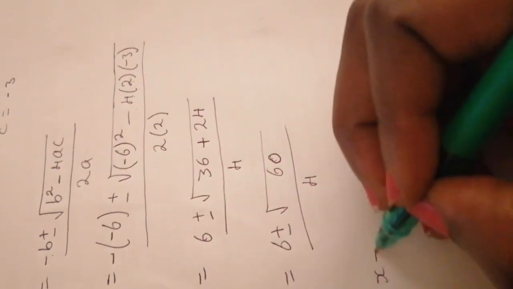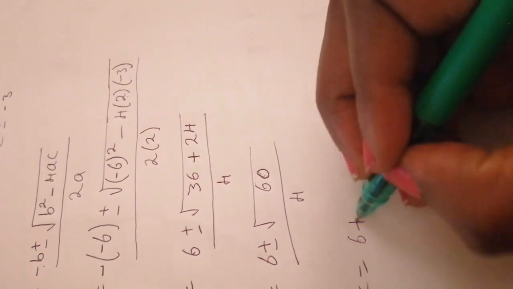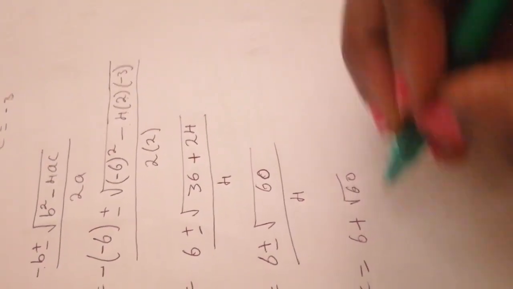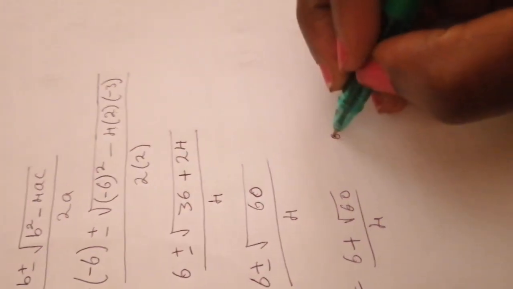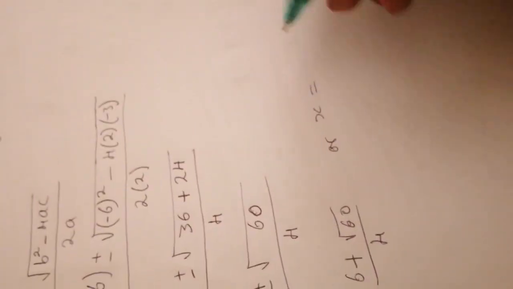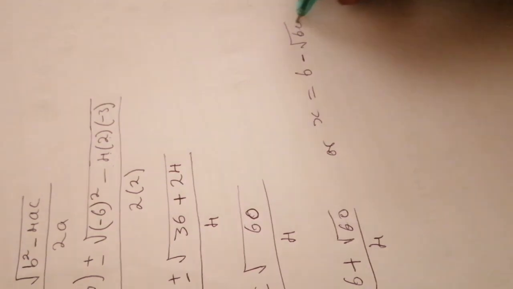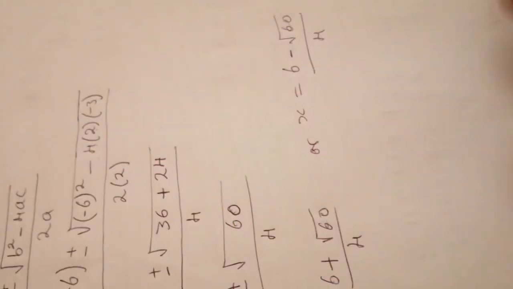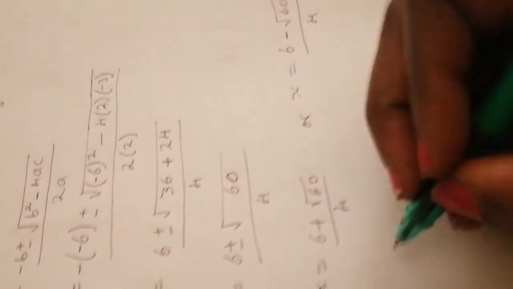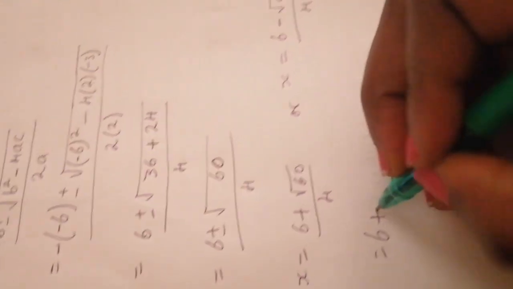We need x to be 6 plus square root of 60 divided by 4, or x should be equal to 6 minus square root of 60 divided by 4. So we need to find the square root of 60. Use a calculator, it's paper 2.